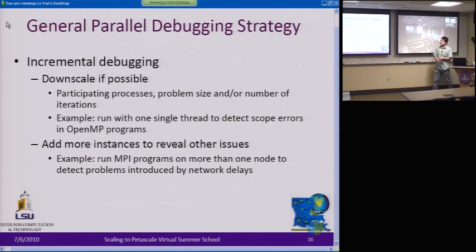If you can reproduce a problem with say 2 processes, go for it. It will be easier to debug with say 16 processes. And an extreme example is if you can run it with 1 process or 1 thread, you can do that.